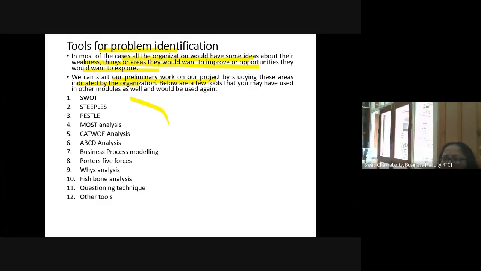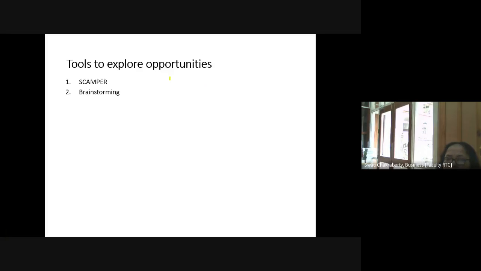These are the tools that you will be using in your research module again and again: SWOT, STEEPLE, PESTLE, MOST, CATWOE, ABCD, Business Process Modeling, Porter's Forces, WISE analysis, Fishbone analysis, questioning technique, and other tools. This is for problem identification. The tools for exploring opportunities are SCAMPER and brainstorming.